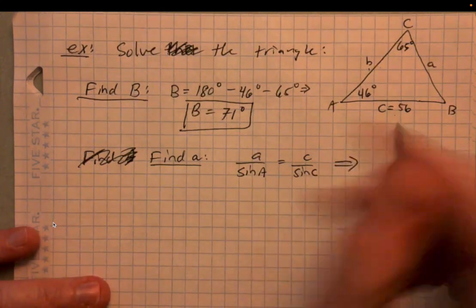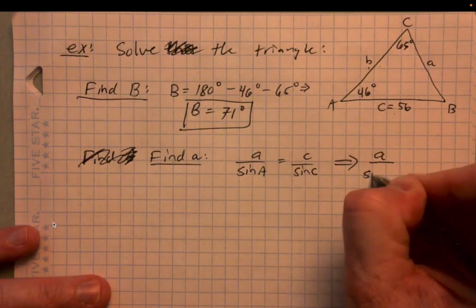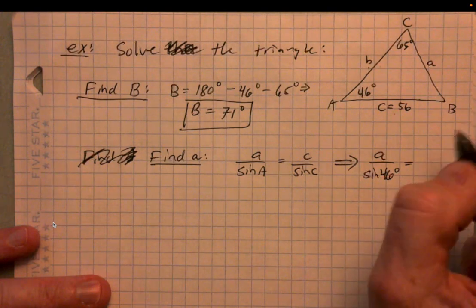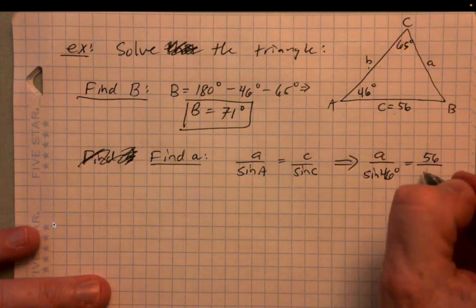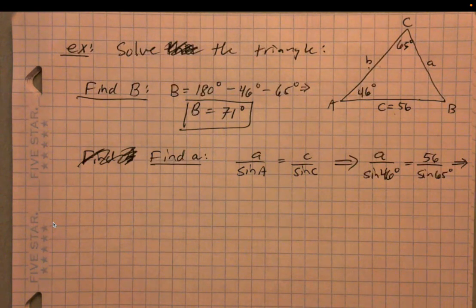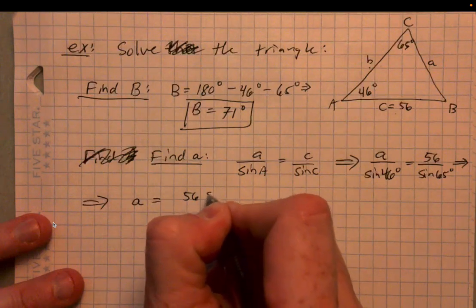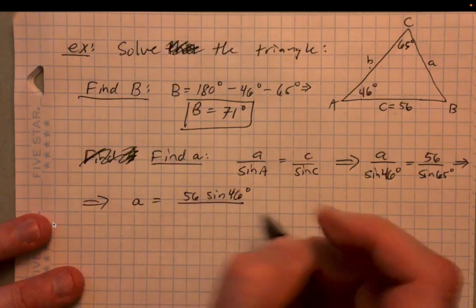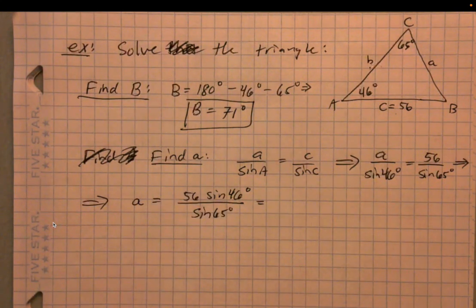And so then I plug in my numbers, and I get a over sine of 46 degrees is equal to 56, which is c, over sine of 65 degrees. And so I can easily figure out what a is. I can do a little cross multiply and divide, or I could just do a little algebra and say a is equal to 56 times the sine of 46 degrees divided by the sine of 65 degrees. All right, something like this.